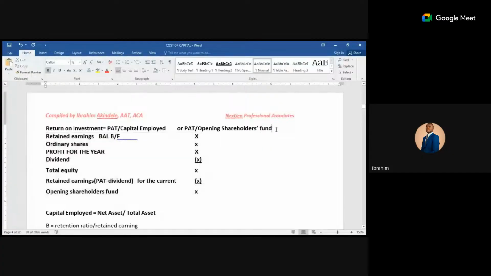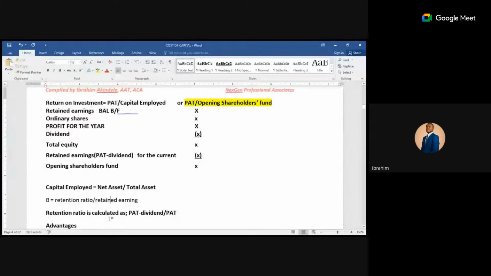This is mostly applicable. Most times, this is what you'll be using if a question comes under the Gordon's growth model. Now, class, B is retention ratio.